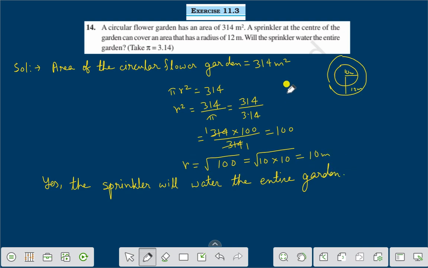Why? Because the radius of the flower garden is less than the radius of the sprinkler. It is 12 meter from here to here, and the radius of the flower garden is only 10 meter. Therefore, it can sprinkle the entire garden. Therefore, you can say yes, the sprinkler will water the entire garden.